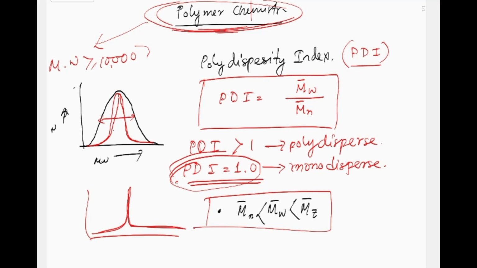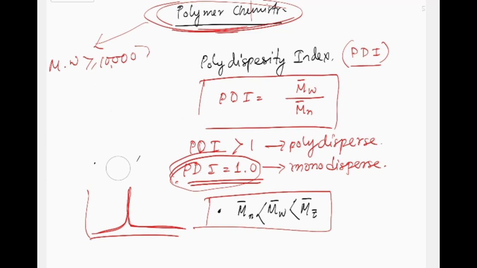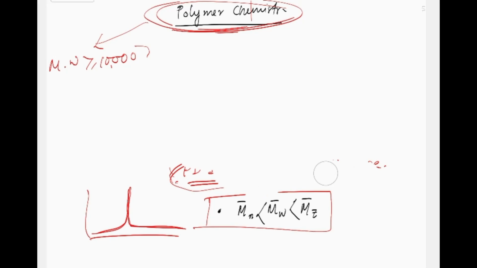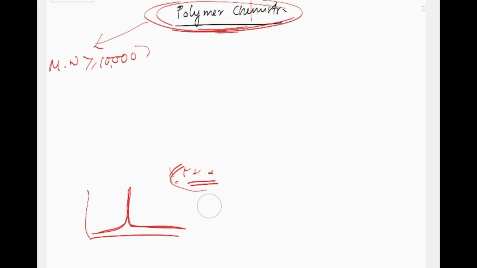So let us find the solution of a simple problem. Let us suppose a question is asking for the weight average molecular weight and number average molecular weight of a polymer.